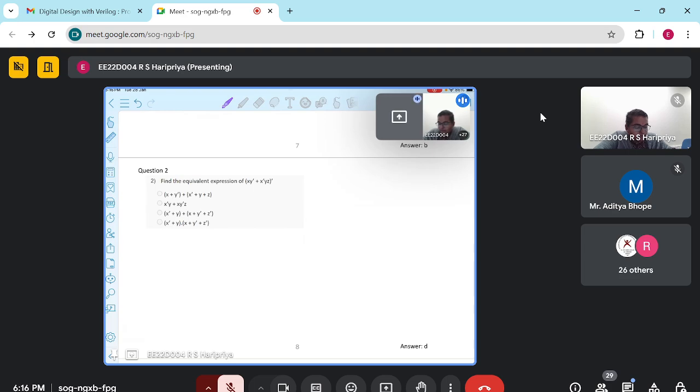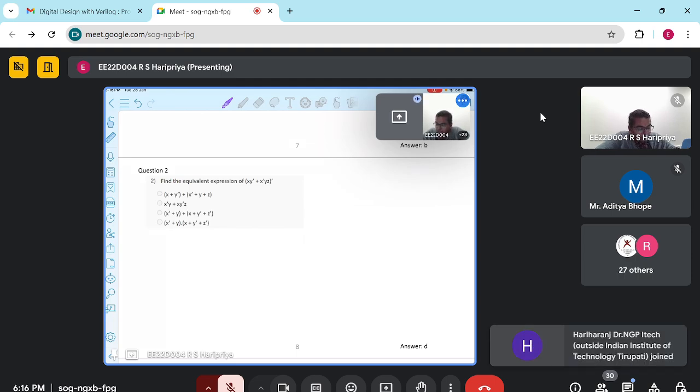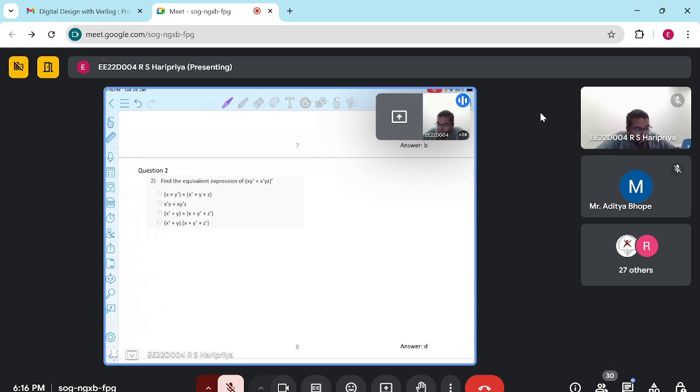Find the equivalent expression of (x y complement plus x complement y z) the whole complement. So here we have (xy complement plus x complement yz) whole complement. So we have to apply De Morgan's theorem here.